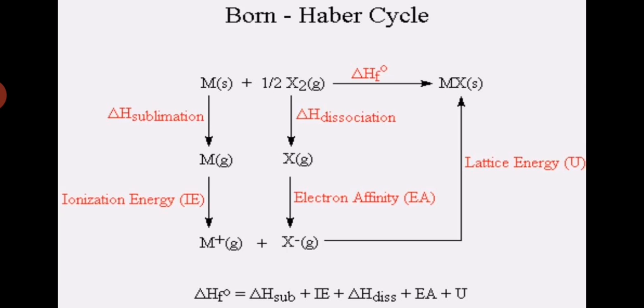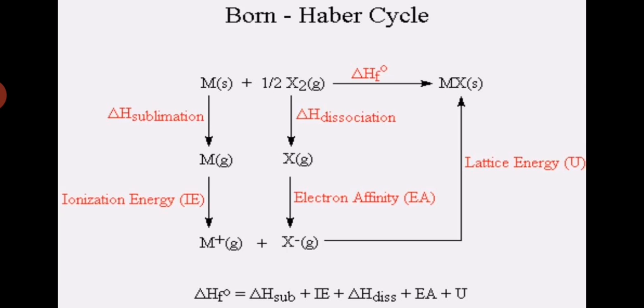X gaseous undergoes electron affinity, giving us X minus gaseous, the anion in the gaseous phase. These gaseous M cation and X anion undergo lattice energy, giving us our product MX solid.